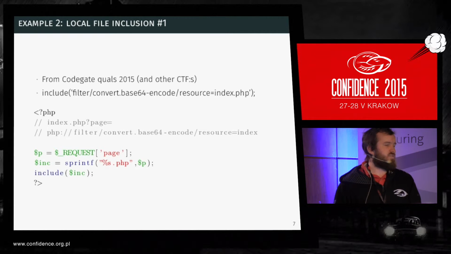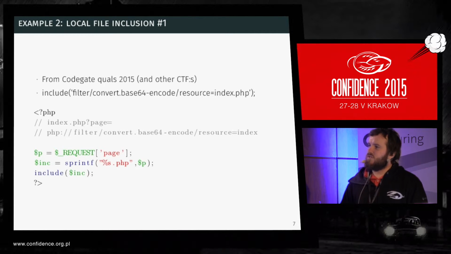image uploading site. So what we did was we added this, which basically says take the index file, pass it through a base64 encode and read it. Later in the code, they add a .php, so this becomes index.php.